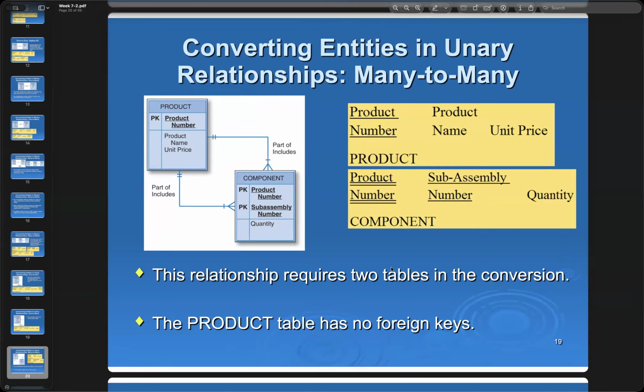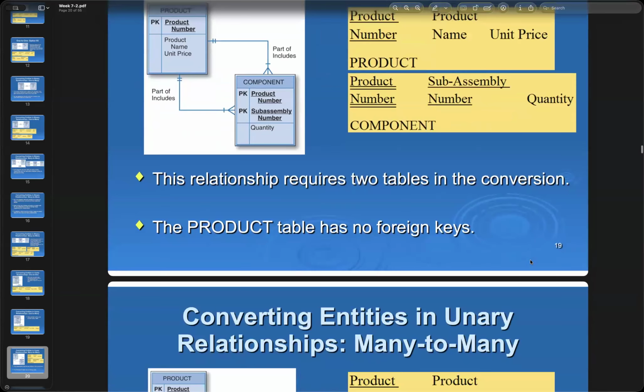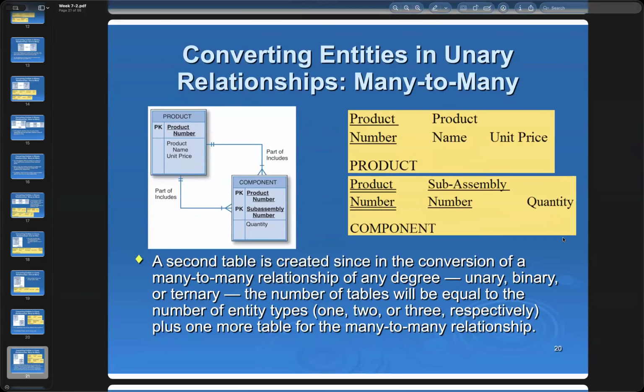So this part is pretty tricky. When you decide, I prefer that if you do have some practical questions, it will be better to help you understand the design. And then right here, the second table shows the conversion of a many-to-many relationship of any degree.